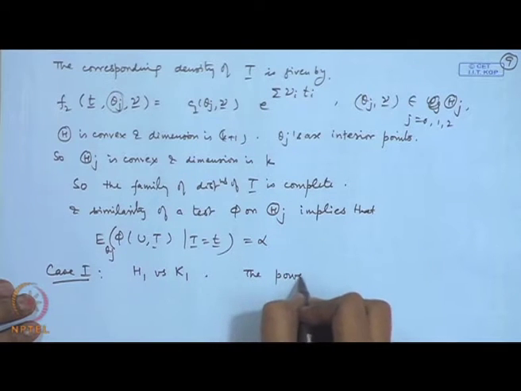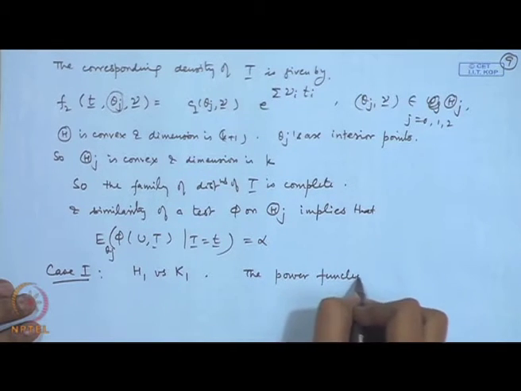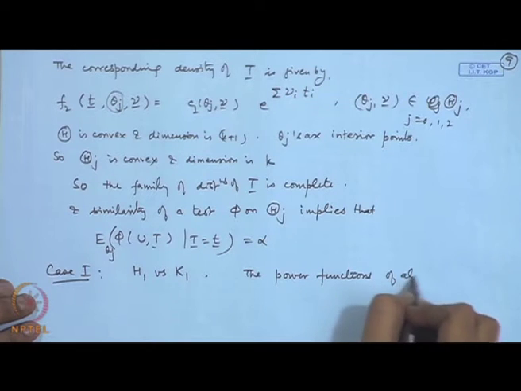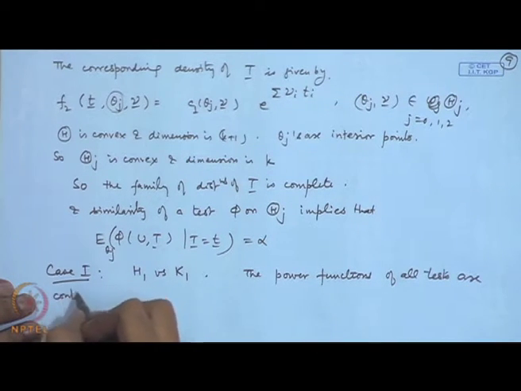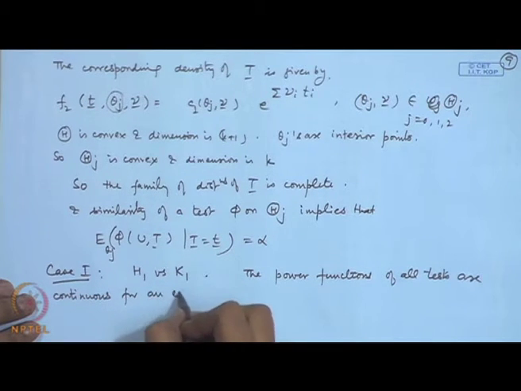Since we are dealing with the exponential families, the power functions are basically bounded, therefore, integrable functions, and therefore, the expectations of the test functions must be continuous. So, let me give a general statement. The power functions of all tests are continuous for an exponential family.